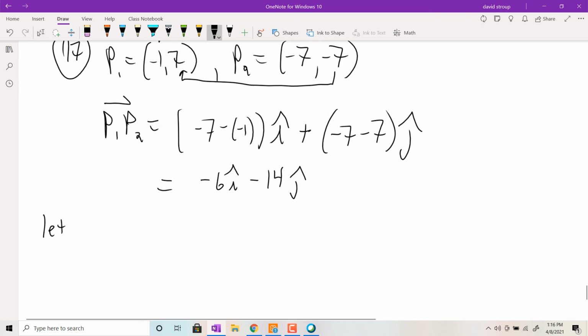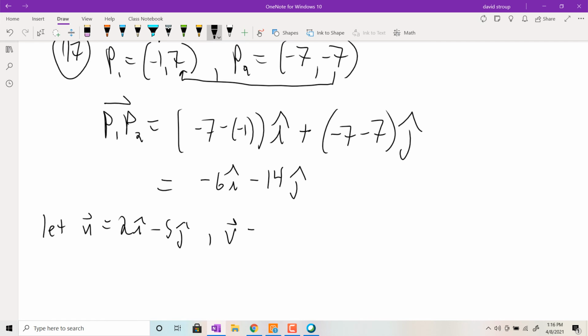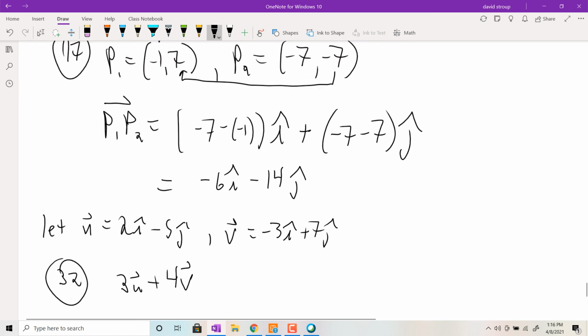So the book says let u equal 2i minus 5j, and let v equal -3i plus 7j. In problem 32, we need to find 3u plus 4v. Okay, so to do scalar multiplication, you're just going to multiply the components by, in the first case, 3. So you multiply the components of u, by the components I mean here's the first component, here's the second component.